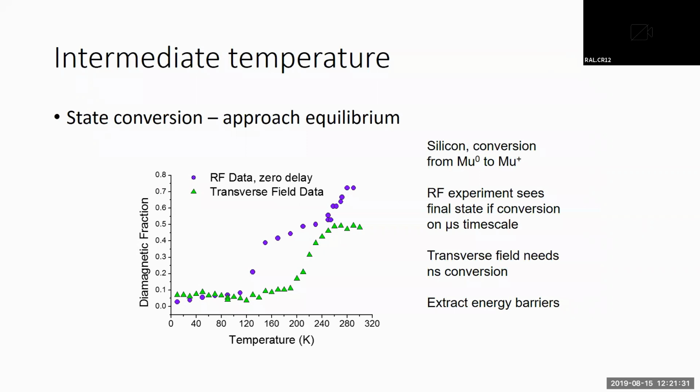And as we bring the temperature to under 200 kelvin, for example, in the transverse field, we start to see the diamagnetic fraction increase because the muonium is essentially ionizing, it's losing electrons. And there's a certain time scale involved for this to happen. And to see a signal in the transverse field, it has to be ionizing rapidly enough that the muon doesn't precess as a muonium signal before it's lost its electron.